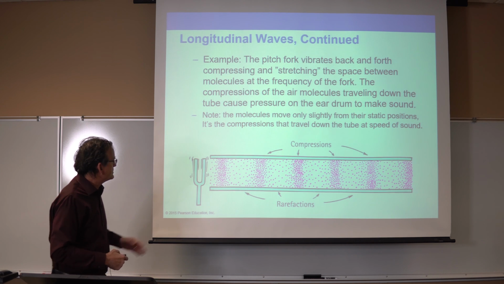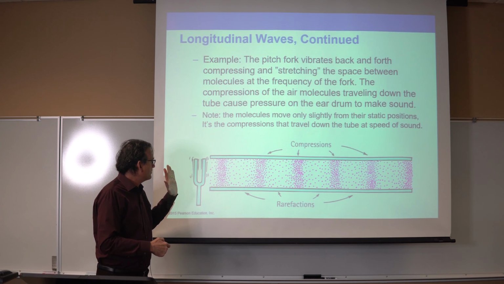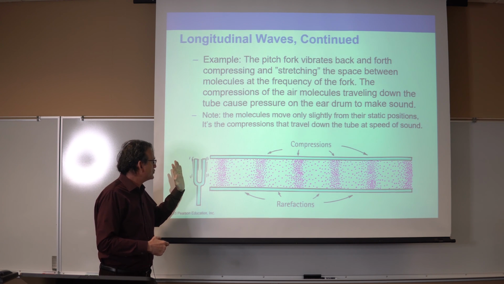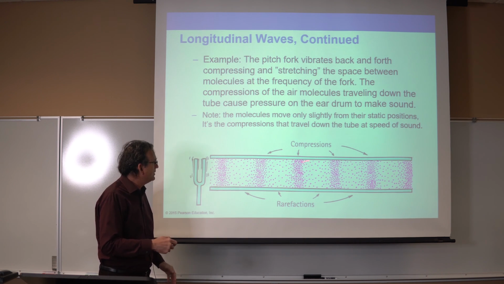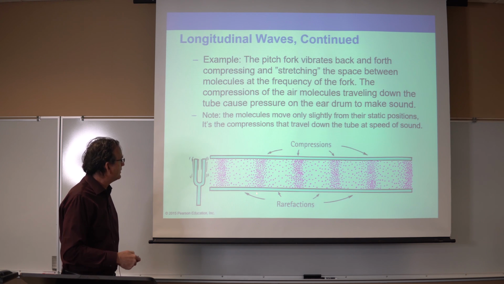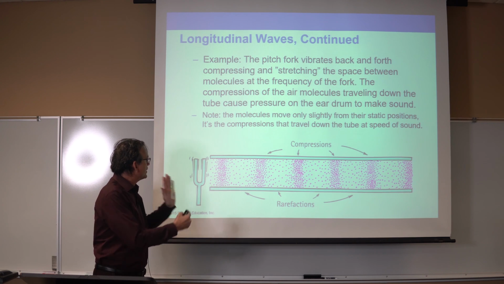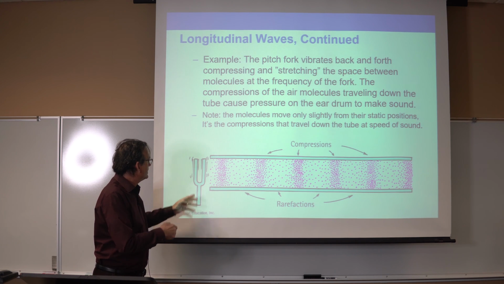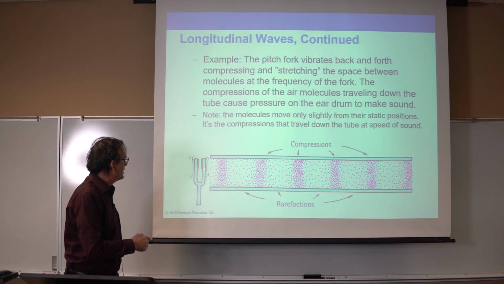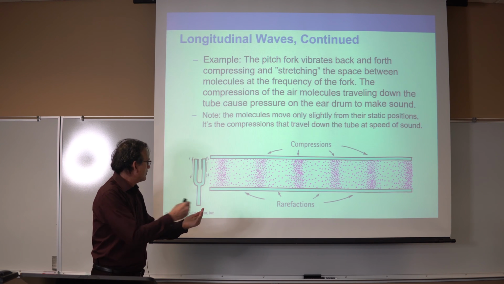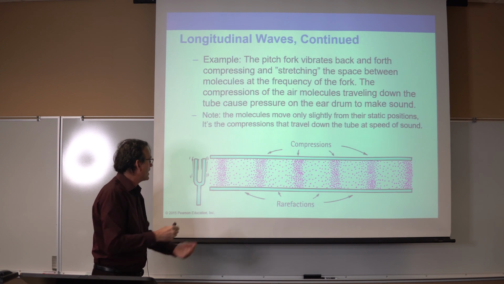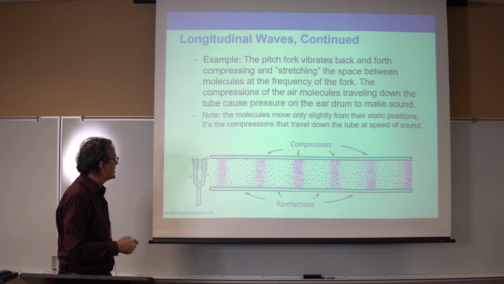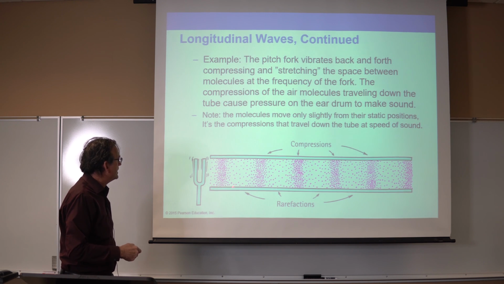But what happens is that as the fork begins to oscillate away from equilibrium and pushing towards the long tube that will direct the sound wave, then the compressions of the air molecules are formed when the right side of this fork begins to push the air molecules further to the right, and it will compress them, and that gives you the compressed air molecules that you see in the tube.